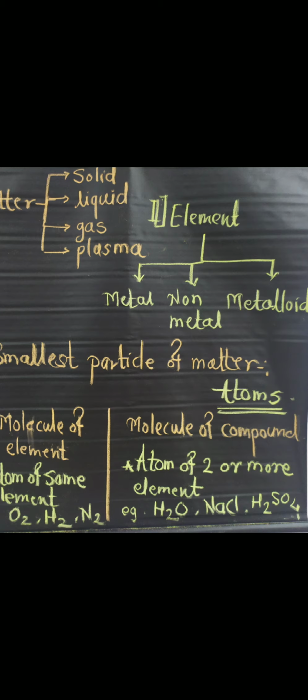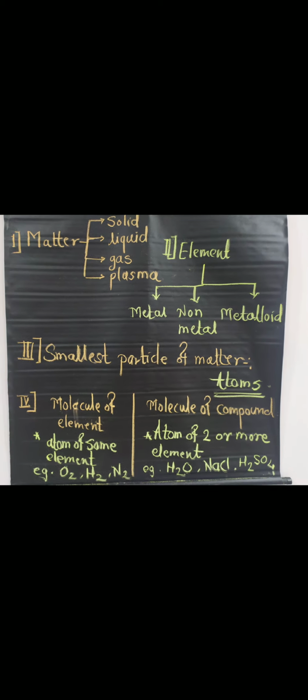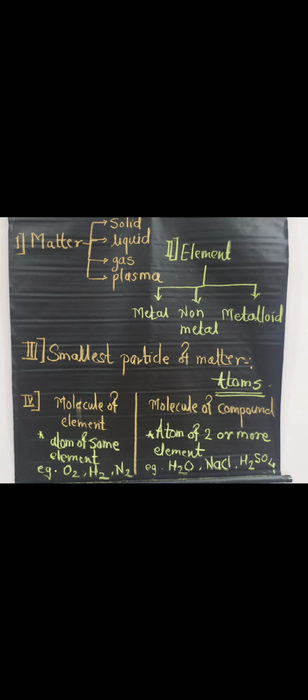Sulfuric acid, chemical formula H2SO4, two atoms of hydrogen, one atom of sulfur, and four atoms of oxygen. So up to this you know matter, element, and the difference between the molecule of an element and the molecule of a compound.